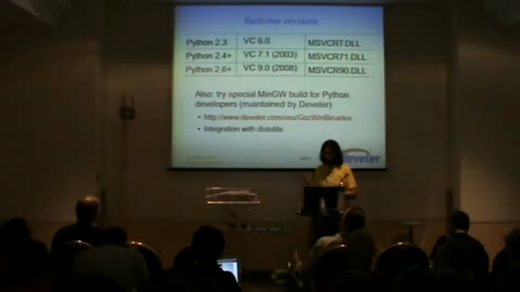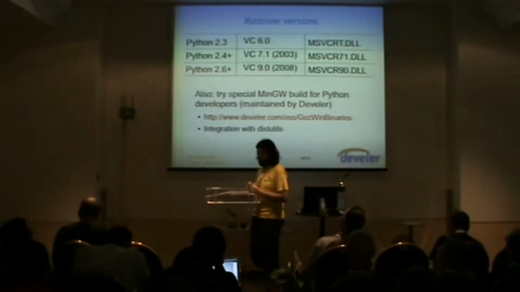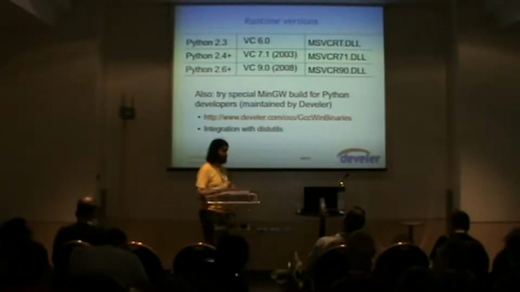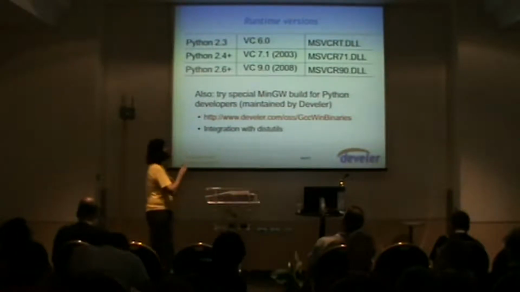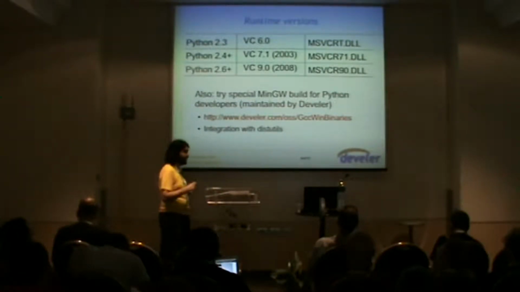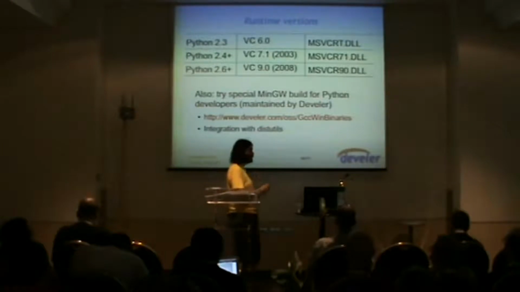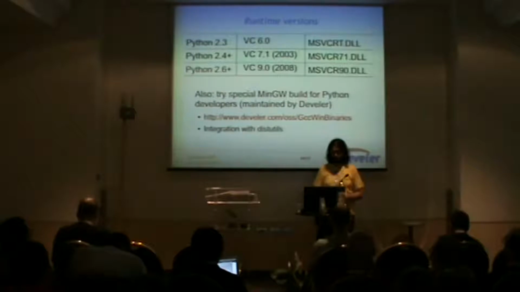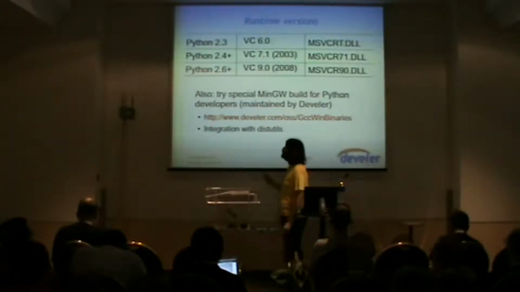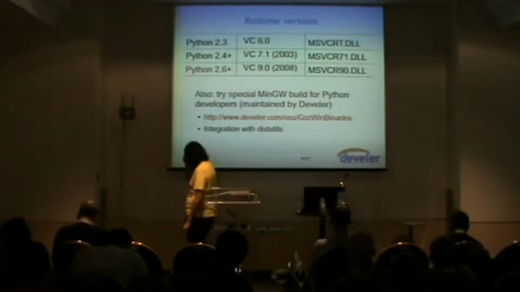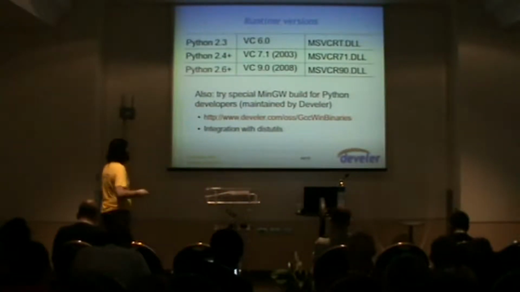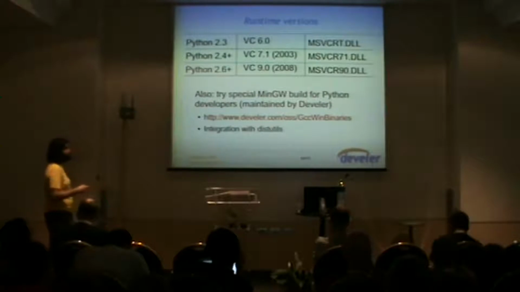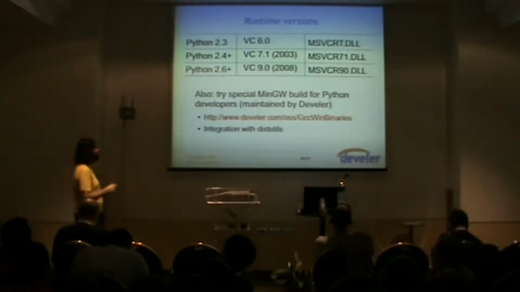This table will show you the correct MSVCR version for each Python version. Since Python depends on MSVCR, you basically need to always use the same CRT library that the Python interpreter is using. Okay? So if you're using 2.6 or newer versions, which is probably what most of you are using, you need to use this Visual Studio version, which means all your third-party extensions need to be compiled with this one.